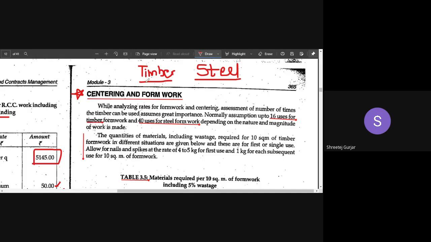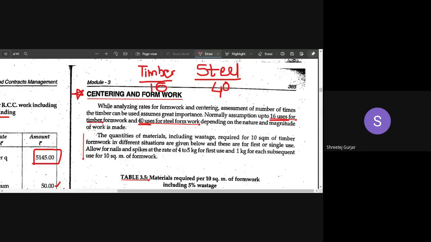Timber formwork or timber centering can be used 16 number of times, and steel formwork can be reused 40 number of times. This is the general number which you have to remember: 16 for timber and 40 for steel. Very important, because we know that timber, wood, is not very durable. It can only be reused 16 number of times.